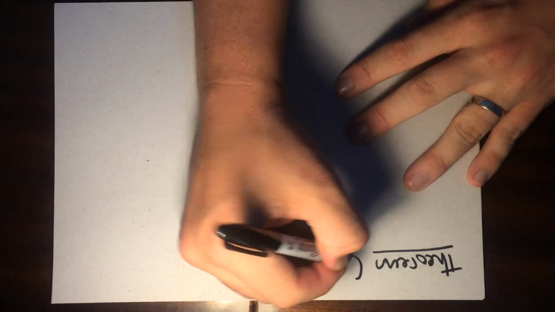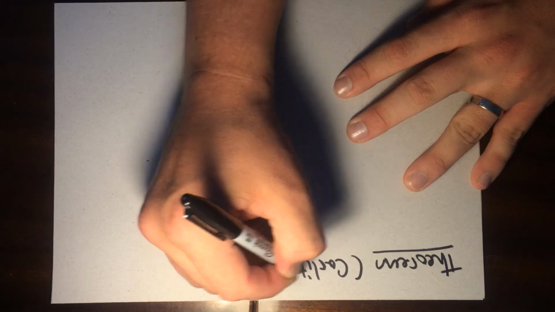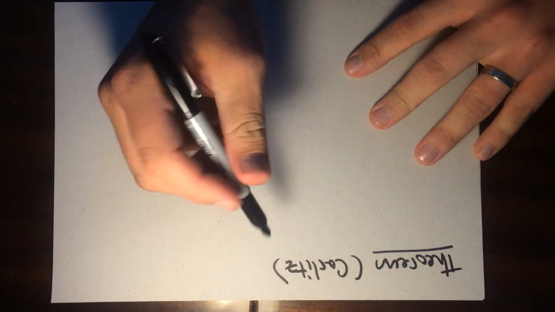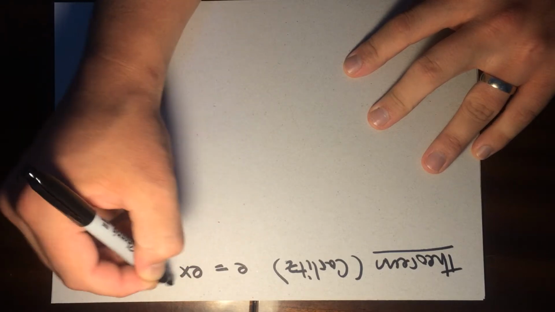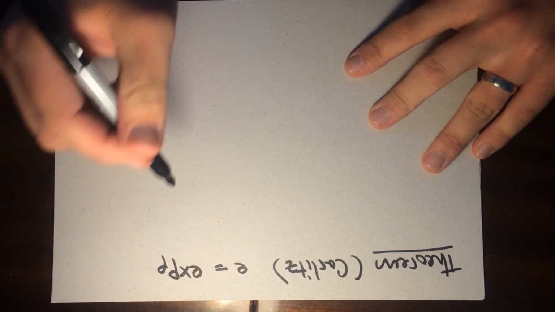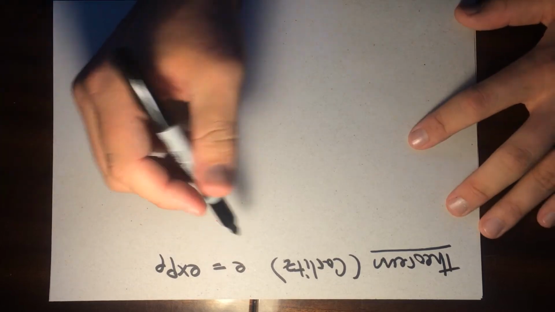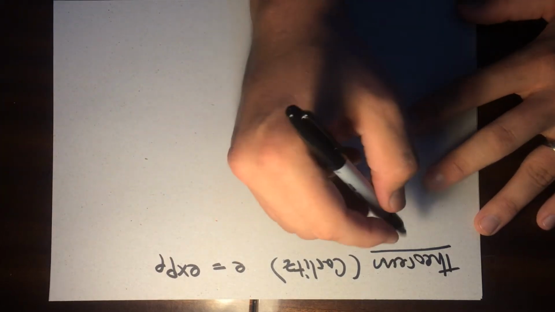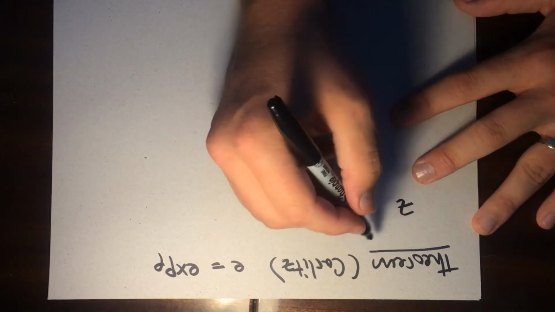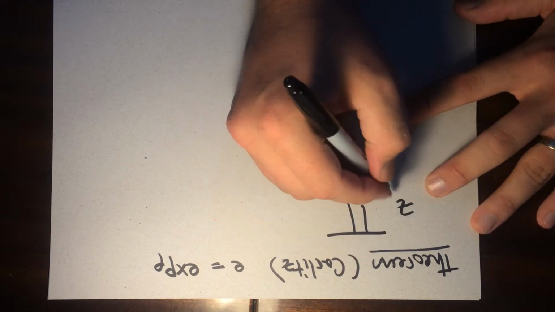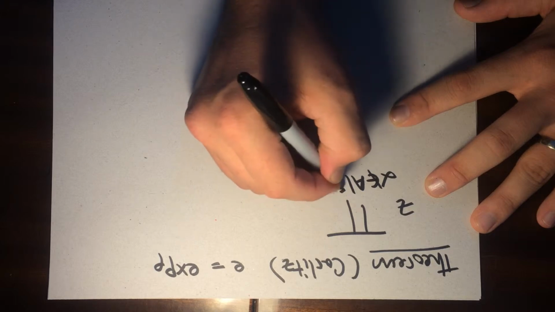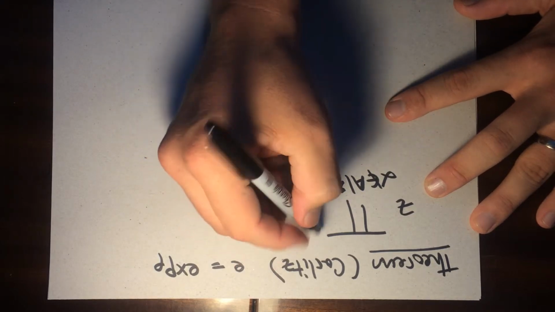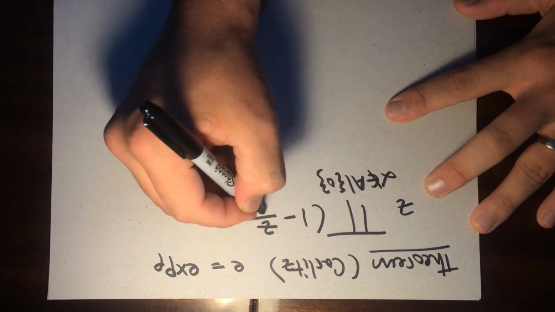It says that if e is the Carlitz exponential, then we have a certain product: the product over alpha in A, nonzero, of 1 minus z over alpha.